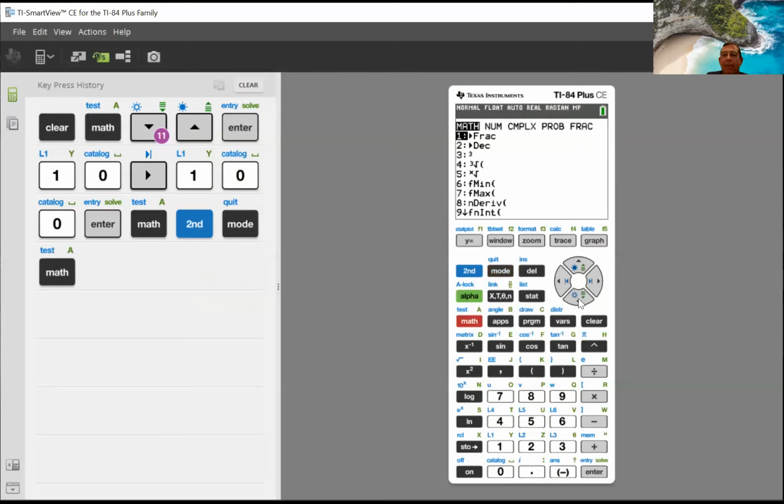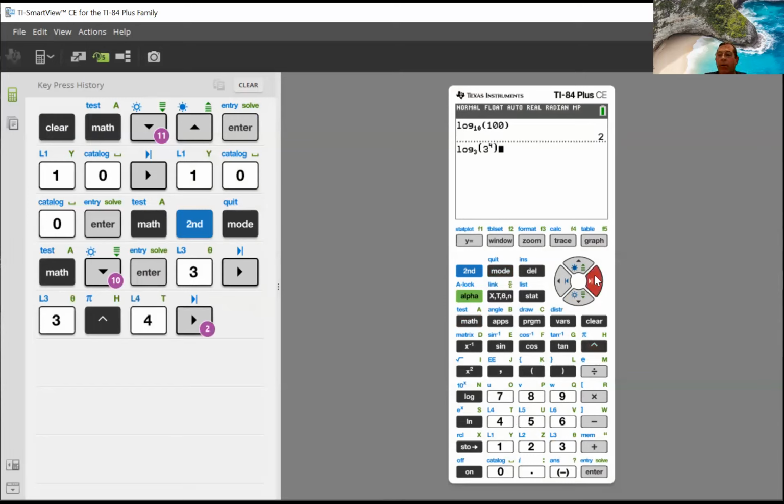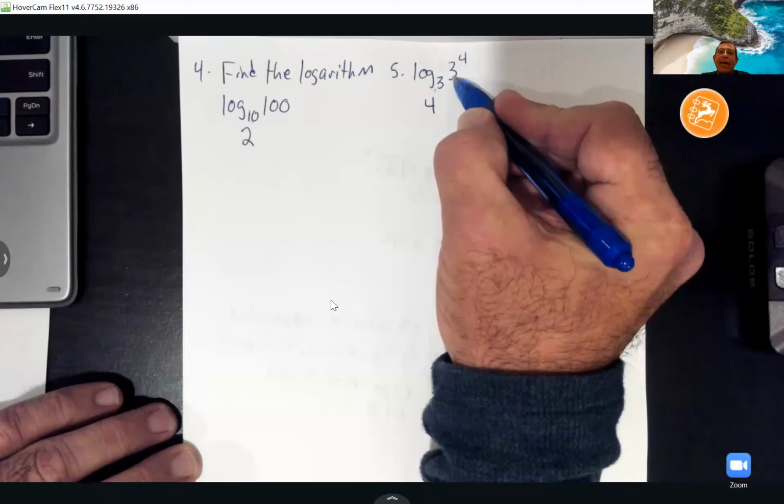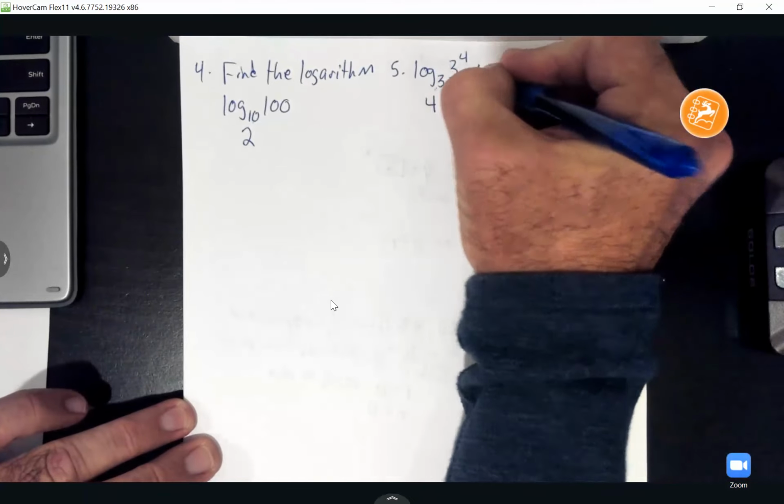So hit math, go down and get your log base. All right, so my base was 3. The result was 3 to the 4th. So do 3 exponent 4. All right, y'all. So it basically looks like what they had. So now once I hit enter, notice I get a 4. So just remember, when this base matches the base of this, it's always going to equal that exponent.